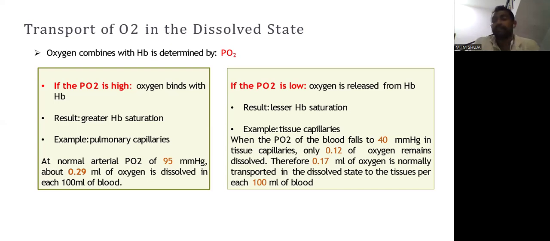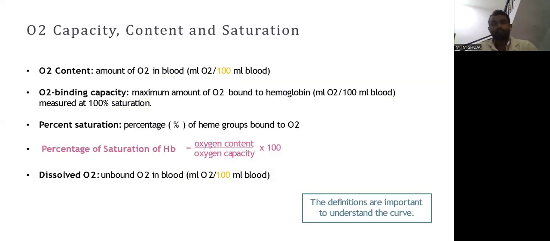So there is a lesser hemoglobin saturation. So there are a few terms you have to know. What is oxygen content? What is oxygen binding capacity? What is percentage saturation? Like that, you have to know. I have given the definitions. Just go through.